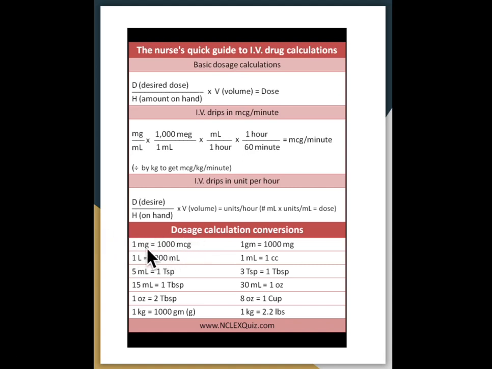That 1,000 mics equals 1 milligram, because there are certain pharmaceuticals that are commonly administered in micrograms, when compared to the majority of our meds, which are generally administered in milligrams, all right?